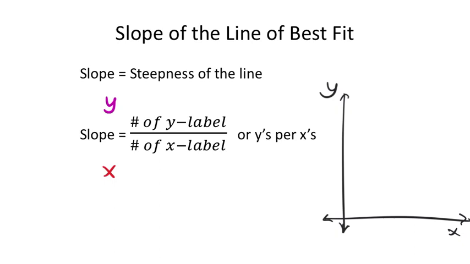This one, we don't care about what's on the graph or if there is a correlation. All we're asking you to do is look at the y-axis label and then the x-axis label, and put the y-axis label over the x-axis label. That's division. So it's y's per x's, kind of like miles per hour.